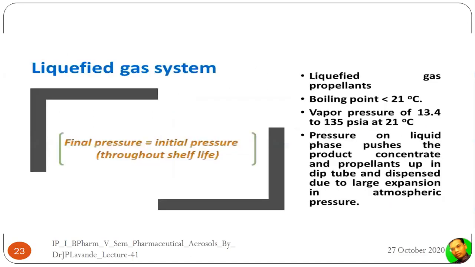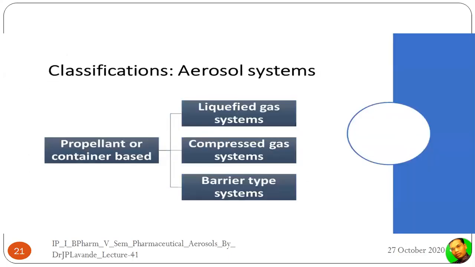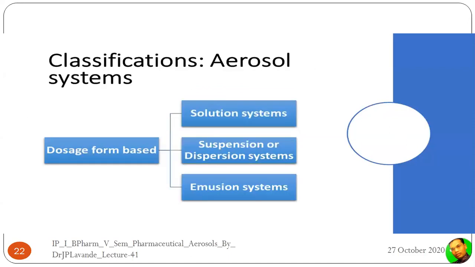Now, as far as the liquefied gas system is concerned, that is the classification based on the propellant. Here you can see the liquefied gas system, compressed gas system, and the barrier type system.